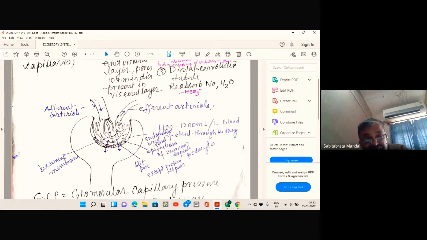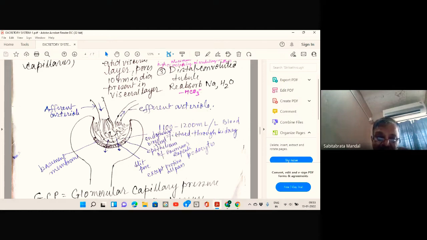The blood is entering through one arteriole, then it is divided into capillaries, and then it is again going out of another arteriole. The one which brings the blood here is known as the afferent arteriole, and the one which takes out the blood is known as the efferent arteriole.